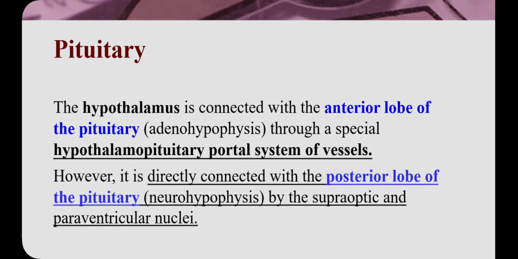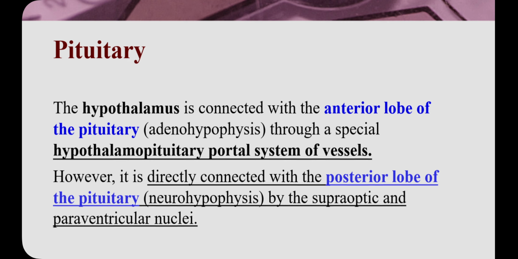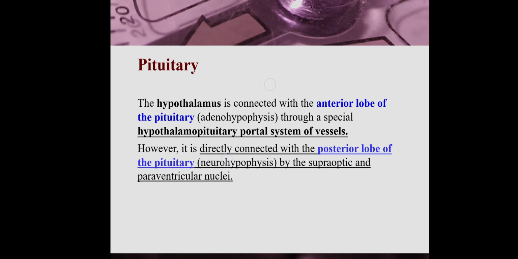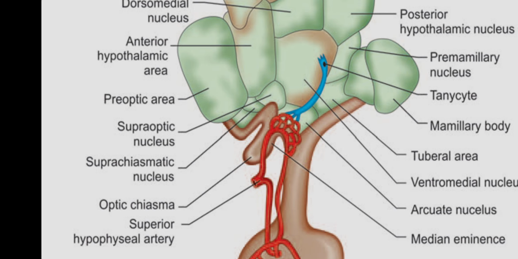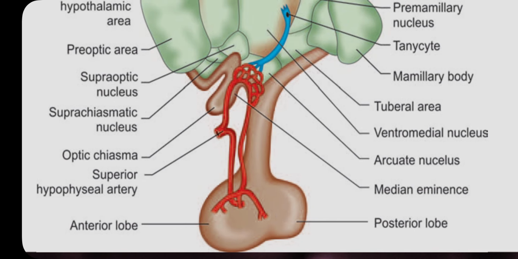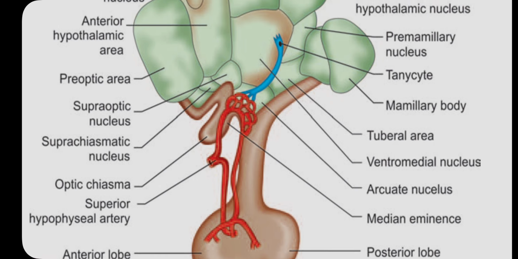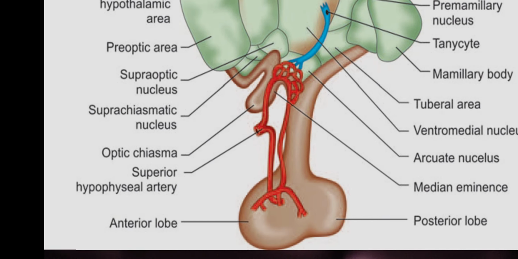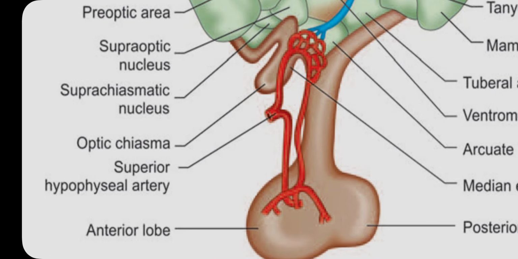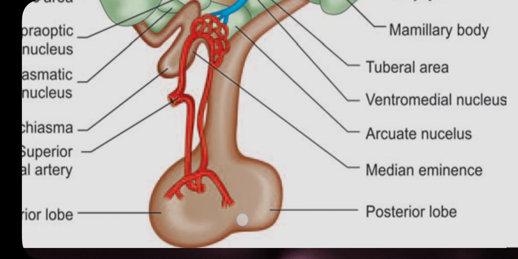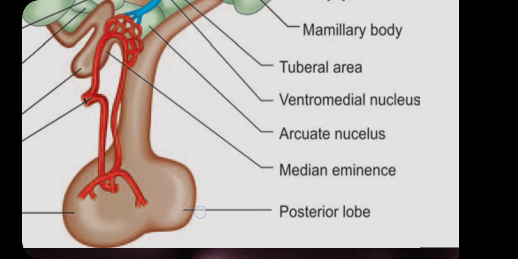Next, coming to the pituitary. The hypothalamus is connected with the anterior lobe of the pituitary through a special hypothalamo-pituitary portal system of vessels, whereas it is directly connected with the posterior lobe of the pituitary, the neurohypophysis, by the supraoptic and the paraventricular nuclei. You can see here the pituitary has two parts, the anterior lobe and the posterior lobe.